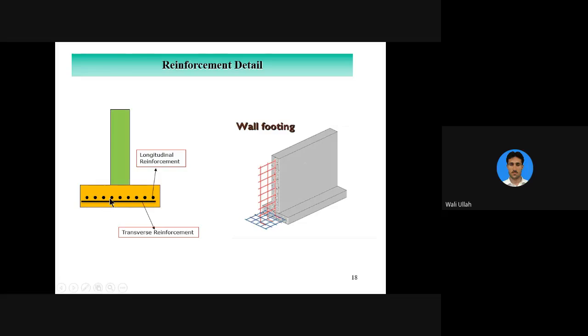These are shrinkage steel, because concrete would shrink along the length, and that would produce cracks. Therefore you have provided steel reinforcement along the wall. If you have any question, you can ask.